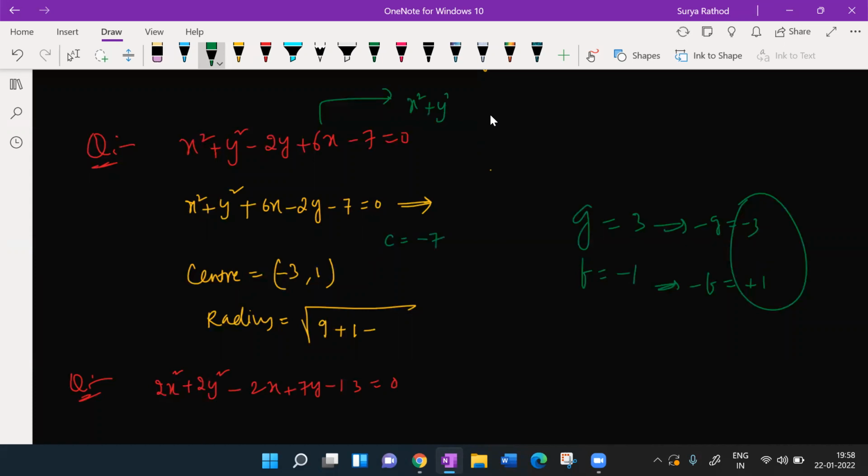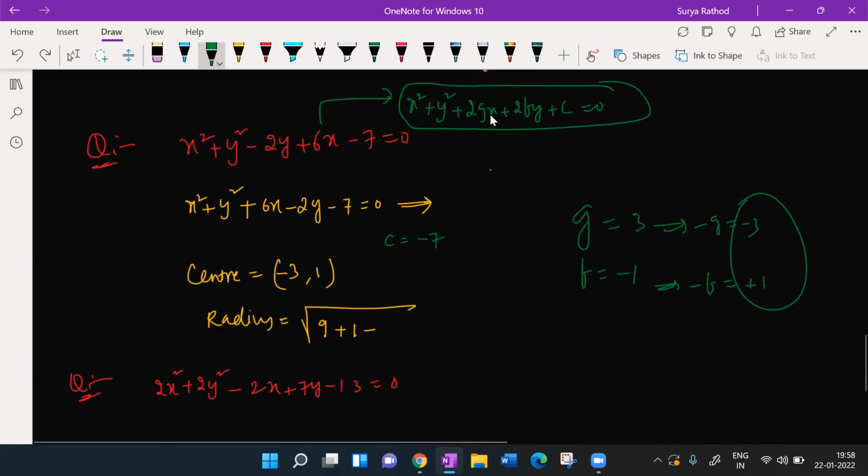Look, what was I saying here? x square plus y square plus 2gx plus 2fy plus c is equal to 0. This is my general equation, right? Now if I compare, look, what is c here? It is -7, isn't it? You understand my point? c is -7, right? Look, what was my radius? What was the formula for radius? Formula for radius was square root of g square plus f square minus c.